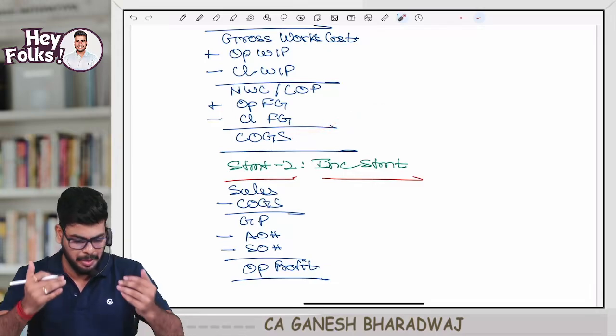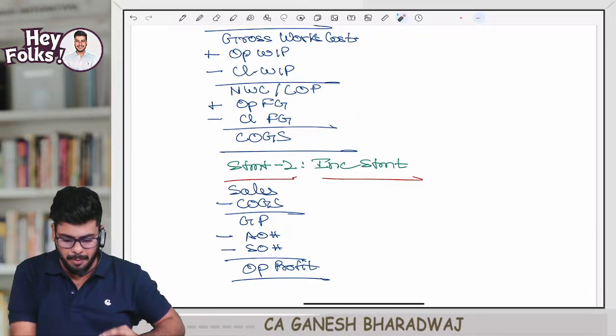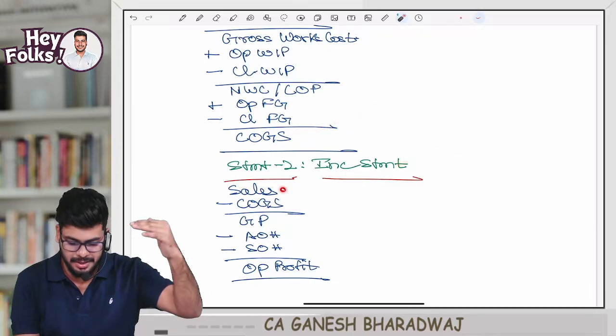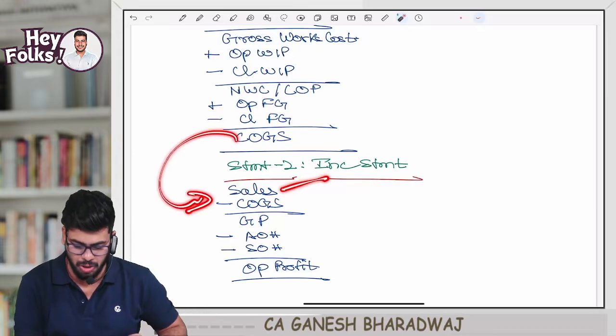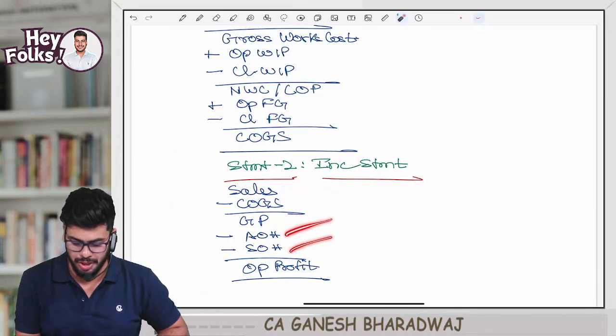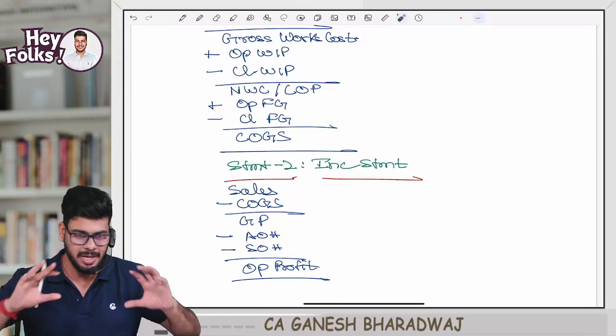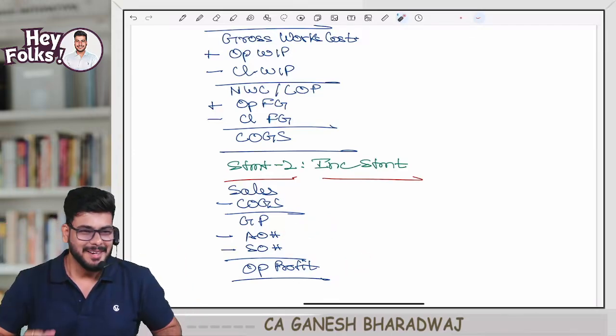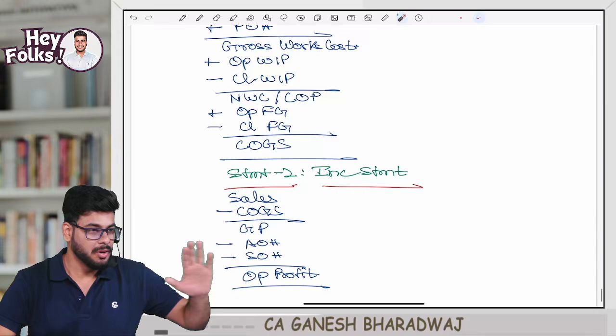And it prepares another statement, a two-statement approach, the income statement. Here it says sales minus the cost of goods sold you computed, you get your gross profit, minus AOH, minus SOH, operating profit. Chapter over.